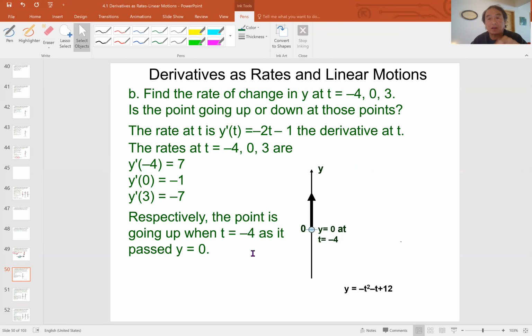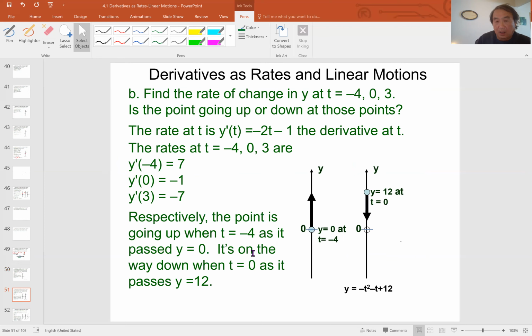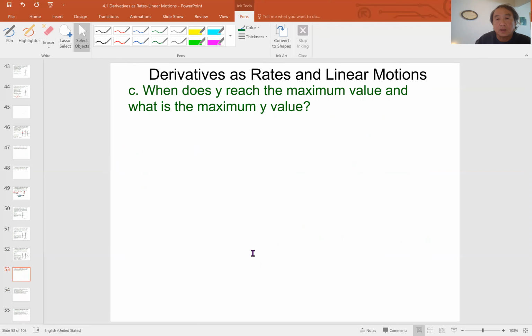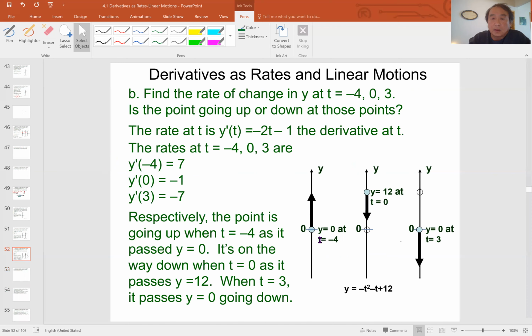In particular, at this point, it's going up, because its velocity is 7. And at time equal to 0, it's going downward. It passes through y equal to 0, then it could keep going downward.